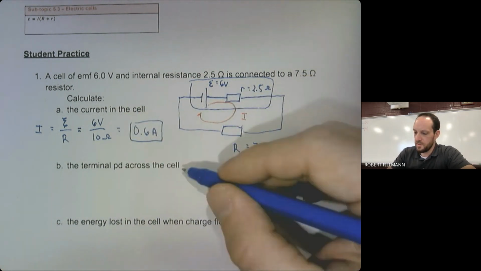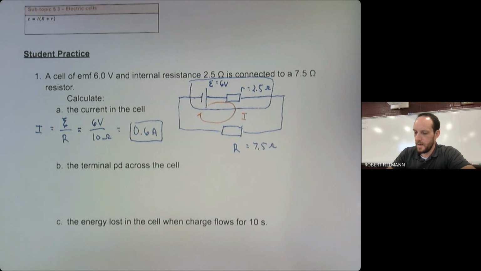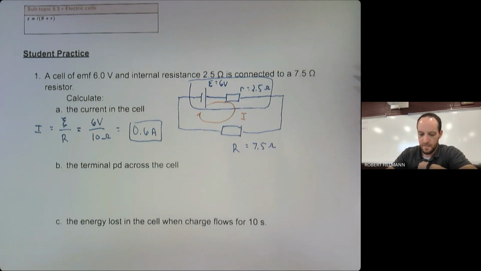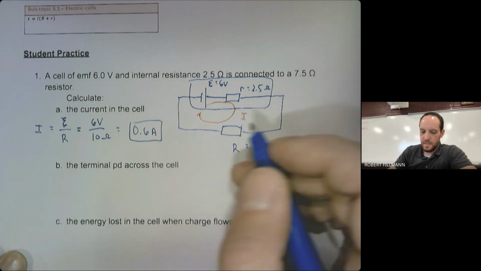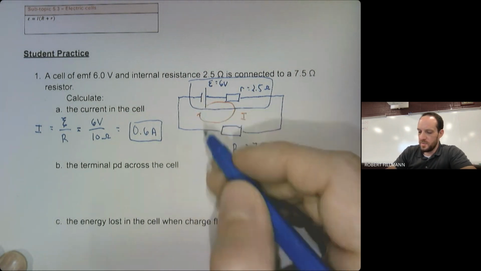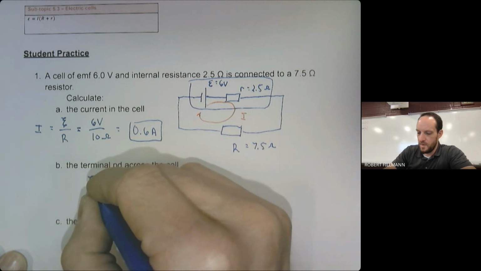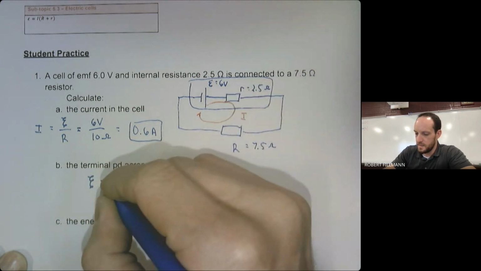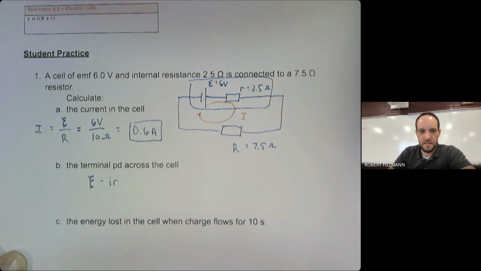What's the terminal potential difference across the cell? How much is the load actually going to see? So once we get outside of the cell. So what I have to do is I have to think, okay, I've got my terminal potential difference. That's going to be whatever the EMF is minus whatever is lost inside the cell.